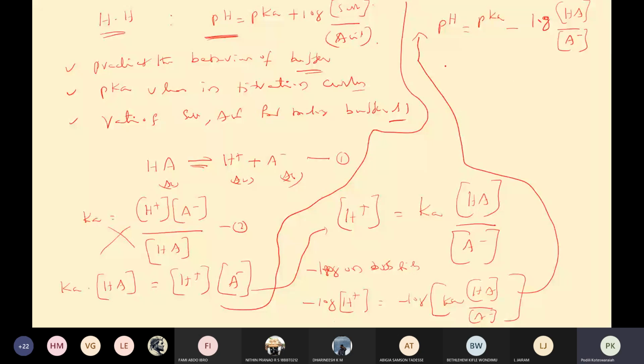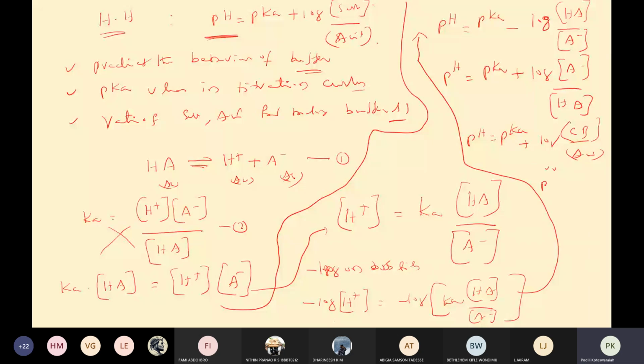If we remove this negative sign, pH is equal to pKa plus log A minus by HA, and this we can also write as pH is equal to pKa plus log conjugate base by acid.